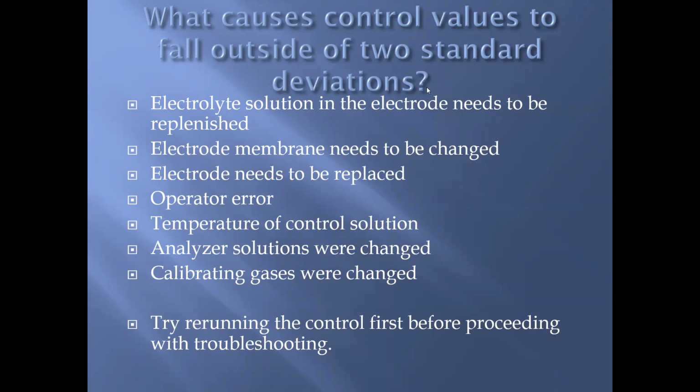There are calibrating gases associated with a blood gas machine. So when you're calibrating against a known concentration of a gas, like they're bleeding in CO2 from a little cylinder, they're bleeding in oxygen. Ooh, not with the ABLs, right? ABLs don't need calibrating gases.